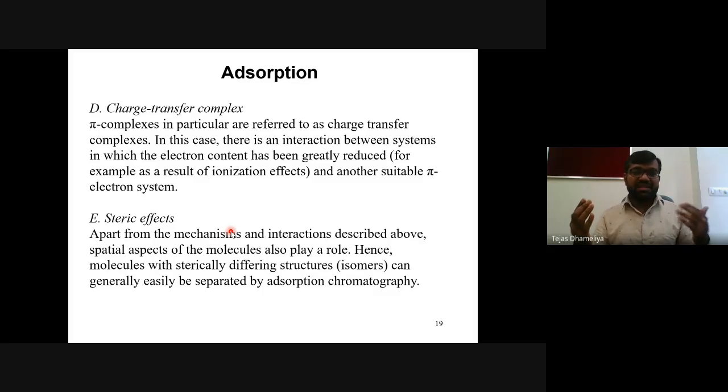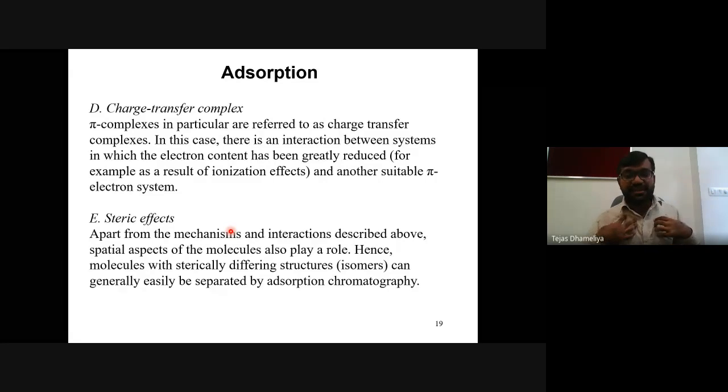Sometimes it may be a kind of ionization or interaction between the systems that may also be part of this. Steric interactions.